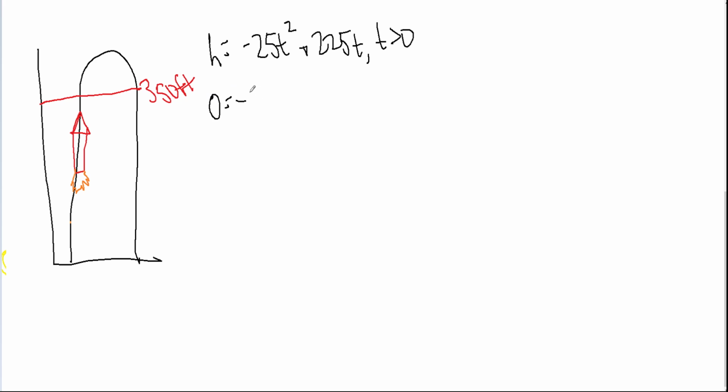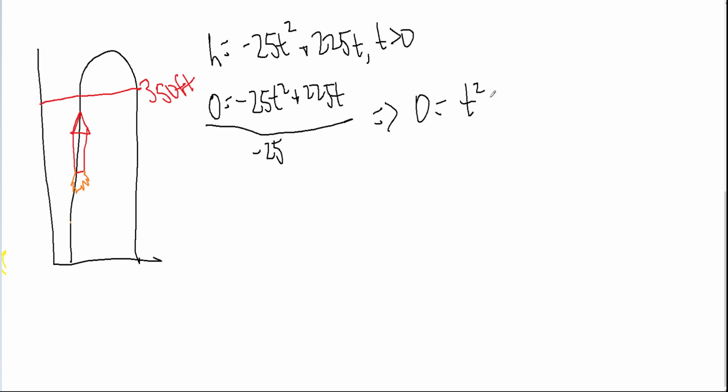So we have 0 equal to negative 25t squared plus 225t. And again, we can divide everything by negative 25. So we get 0 equal to t squared minus 9t. And what I'm going to do now is just factor a t out. So we'll have t times t minus 9.